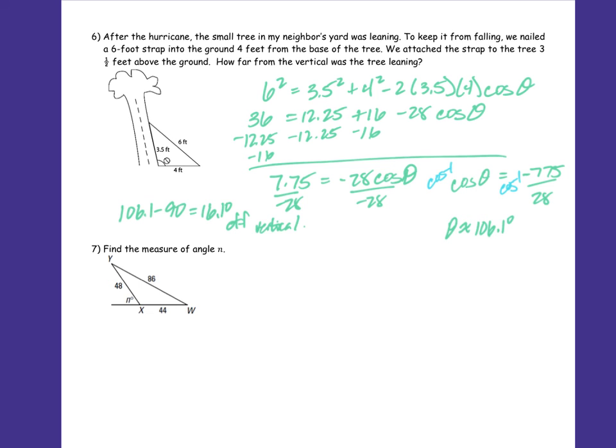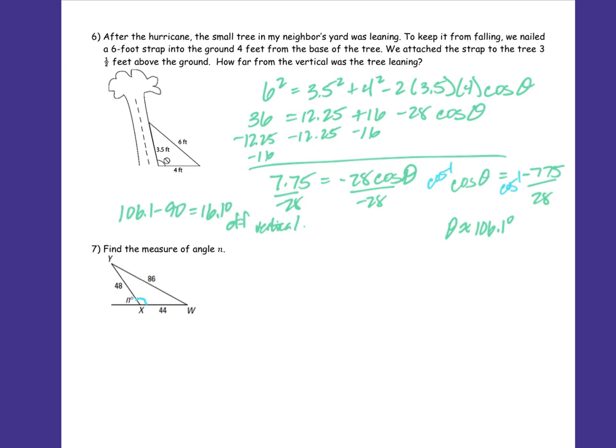Awesome. And then the last one, again, I'm missing all the sides, so I have to do the long one. I want to find this angle. If I find this angle, I can find angle N by subtracting from 180, because a line measures 180 degrees.